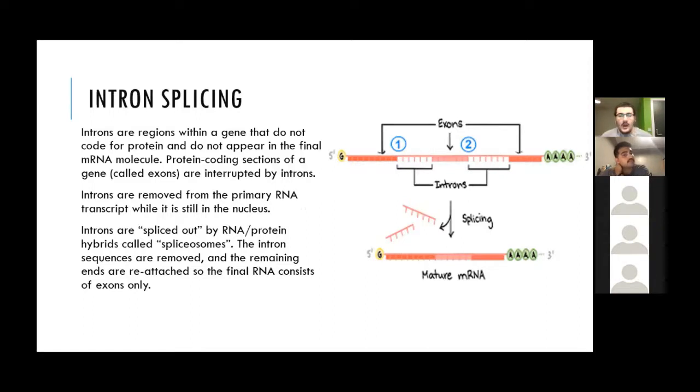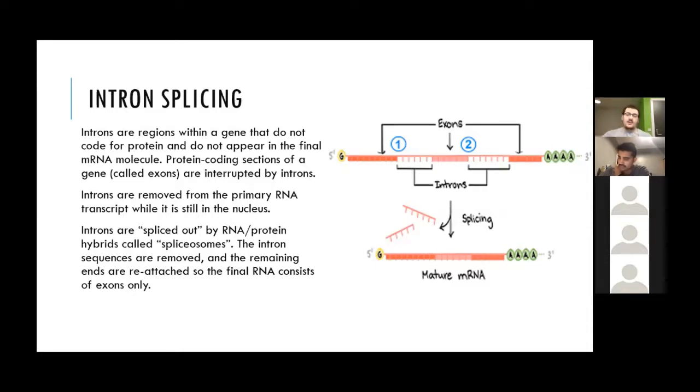They cut those out and attach the exons. The exons are the areas of the RNA that actually code for proteins.